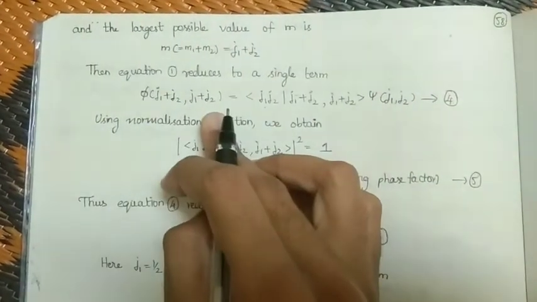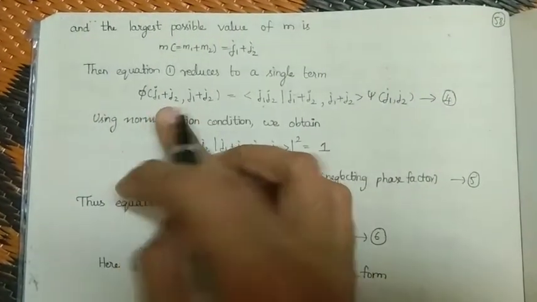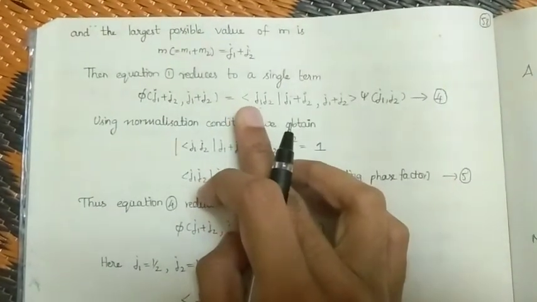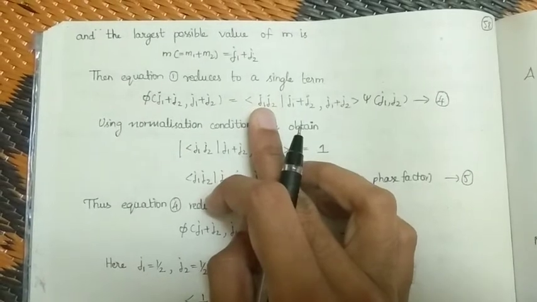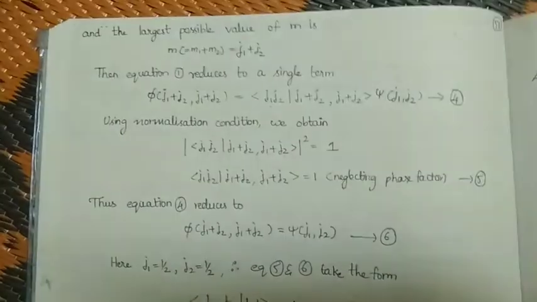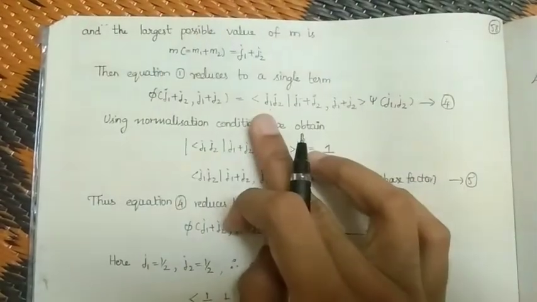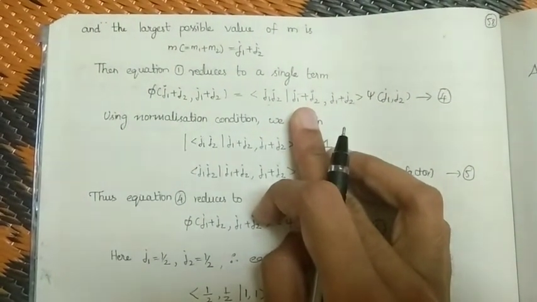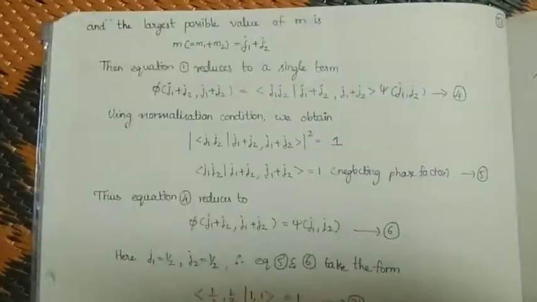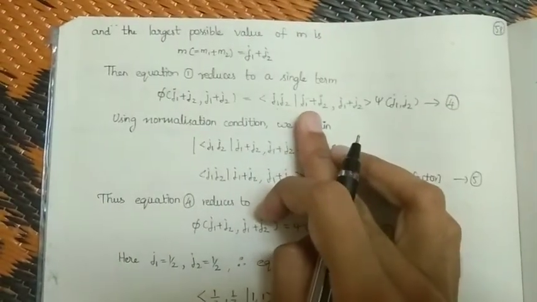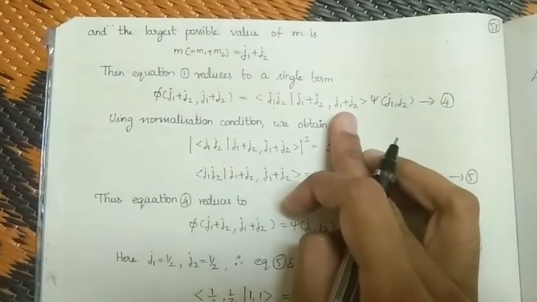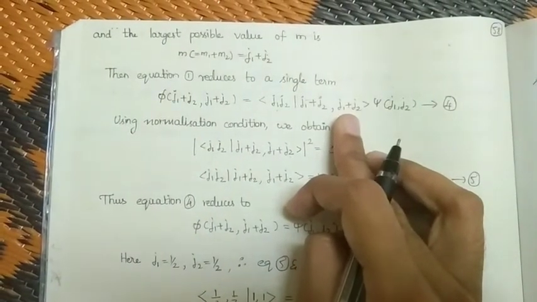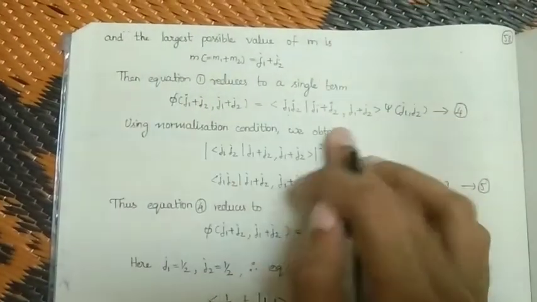So in equation 1 we were having phi of j comma m equals to bra of j1 j2 m1 comma m2 ket, with m1 plus m2 being nothing but small m. That means, what is small j?